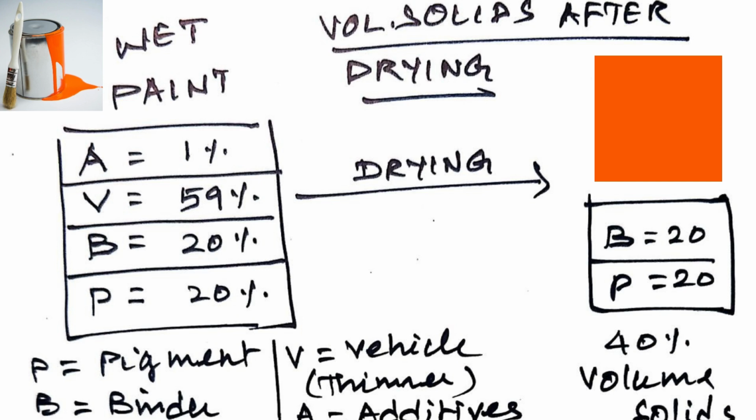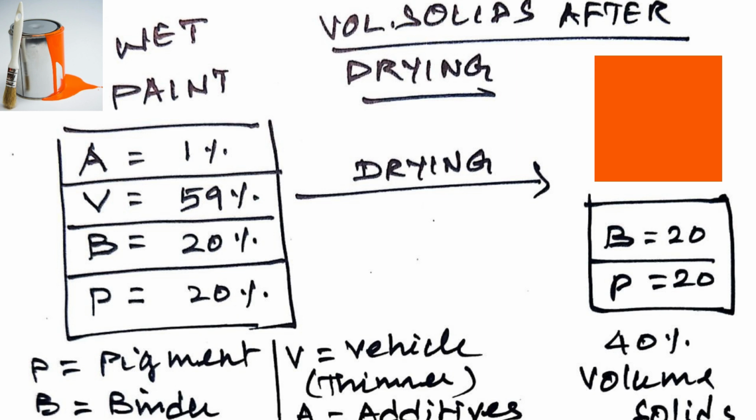Paint consists of pigment at 20%, binder at 20%, vehicle at 59%, and additives 1%. So we have some wet paint.